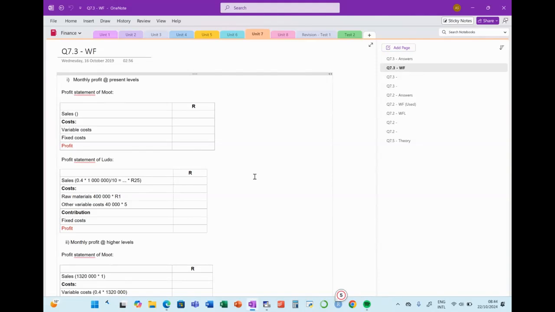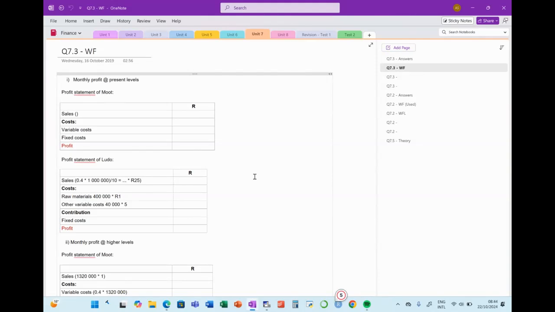Can you see that? And the second one, they're saying calculate the monthly profit position of Ludo and Moot if the sales of Ludo are at a higher sales level. Okay? Again, we're assessing our transfer pricing policy system.